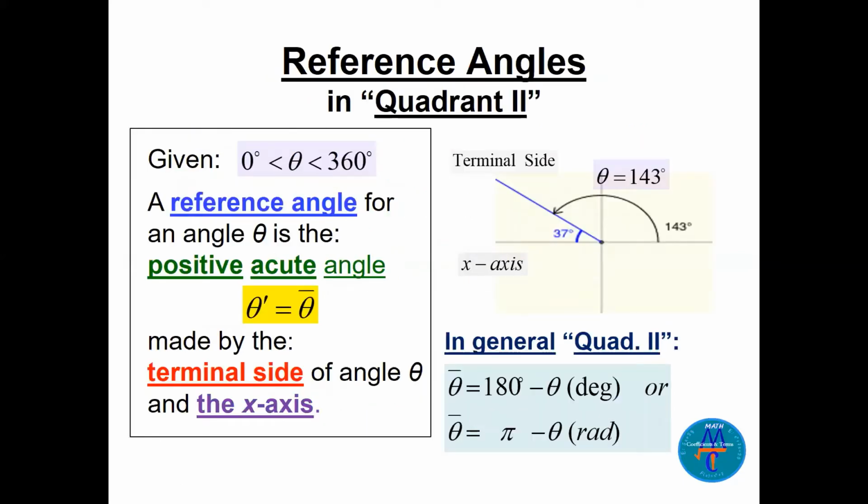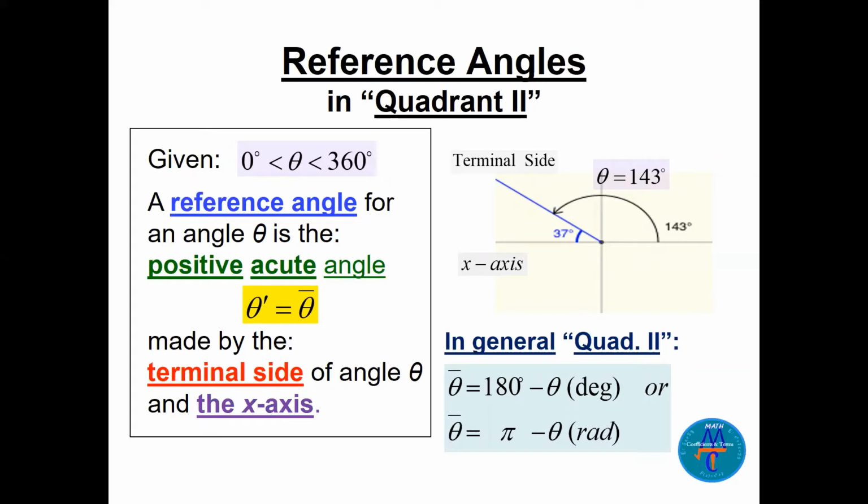Now, the reference angle is one of the important topics here. On this left side I put the definition of a reference angle. We have to have an angle between 0 and 360. If you have a large angle, like 700 or 600, you can find a coterminal angle.